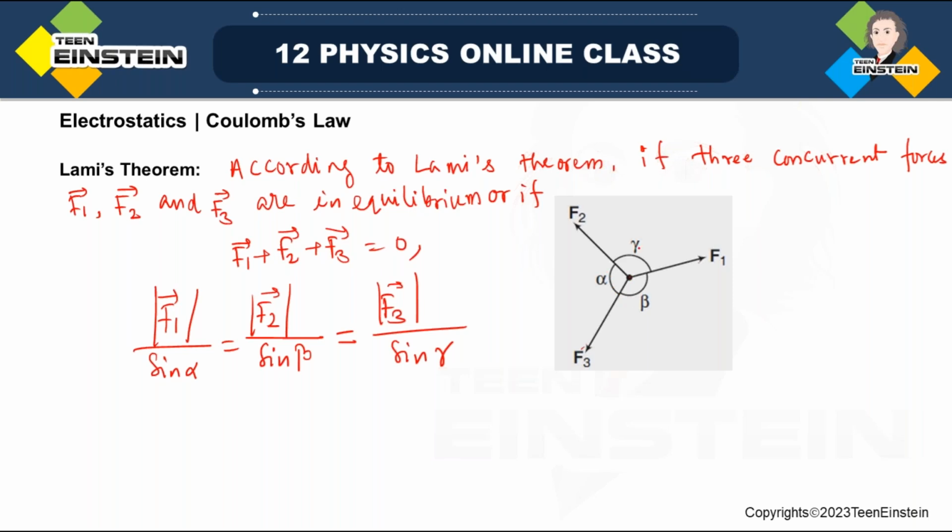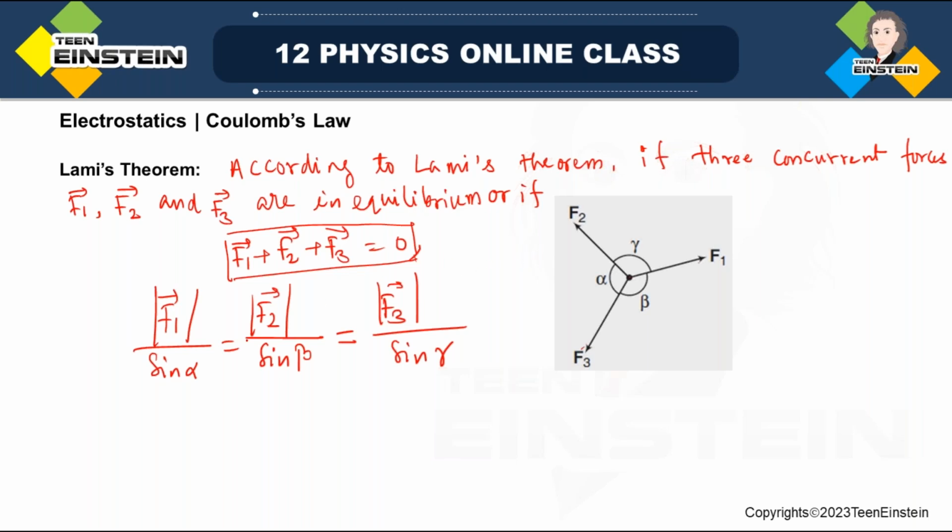Alpha, beta, gamma are the angles between any two forces: alpha is between 2 and 3, beta is between 1 and 3, and gamma is between 1 and 2. If they are in equilibrium, that means the vector sum of the forces will be 0.